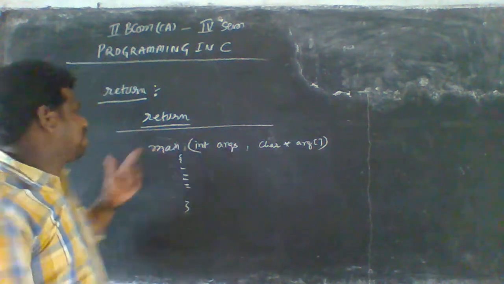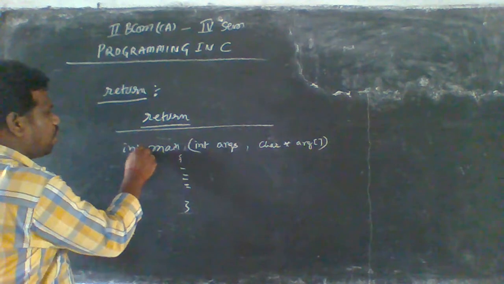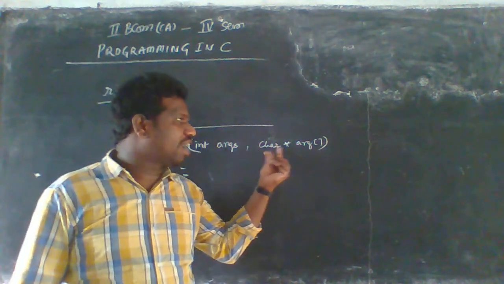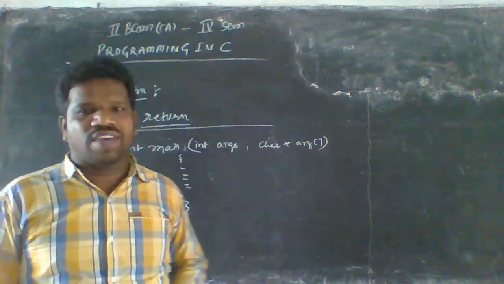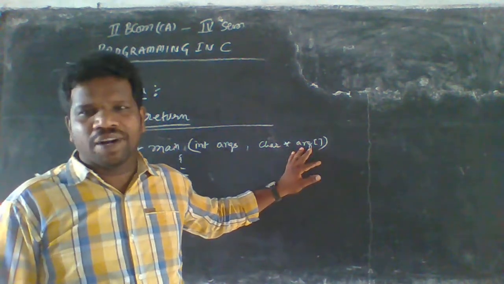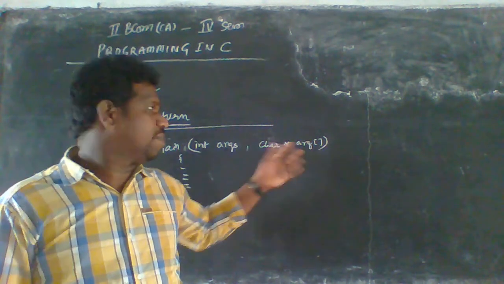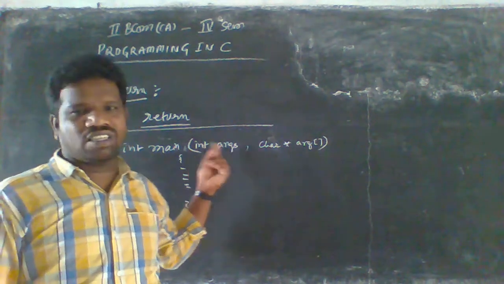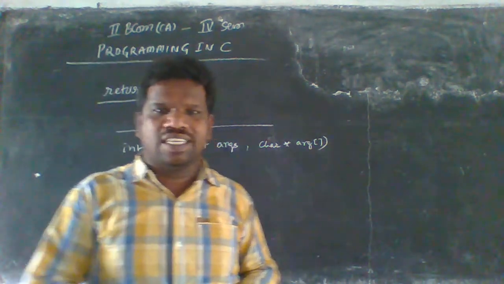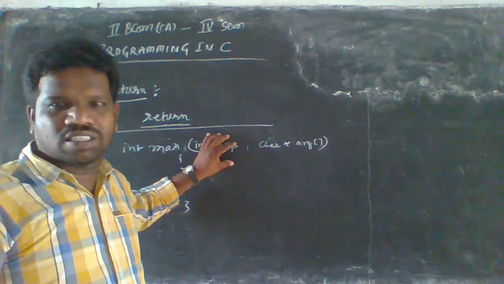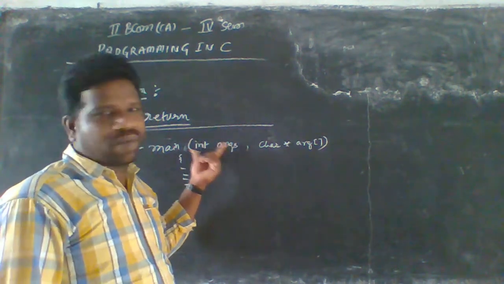We have to specify int, and int argc and char star argv values. That means we can pass pointer variables, character variables, and the integer argument count. This is called the command line arguments topic.